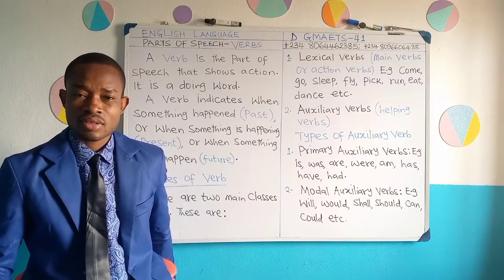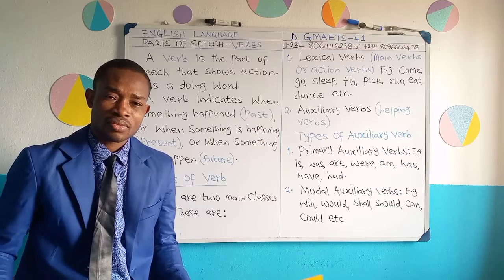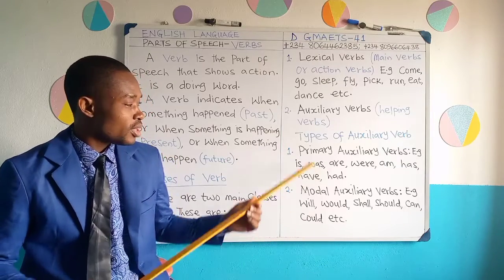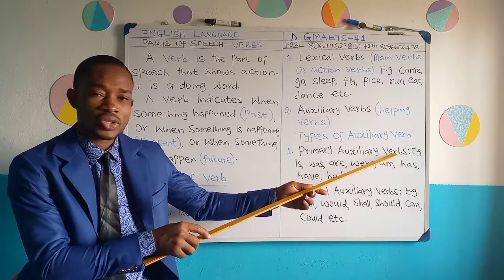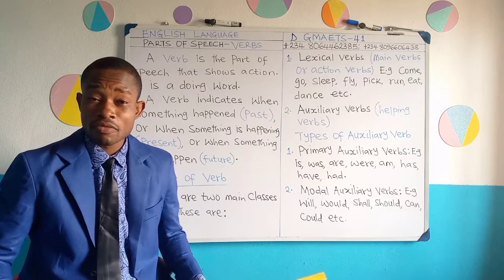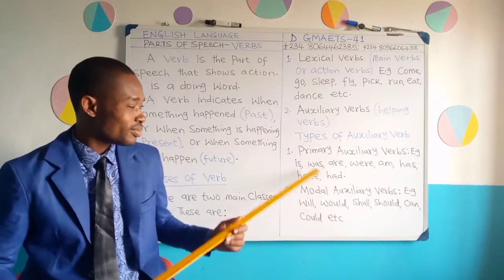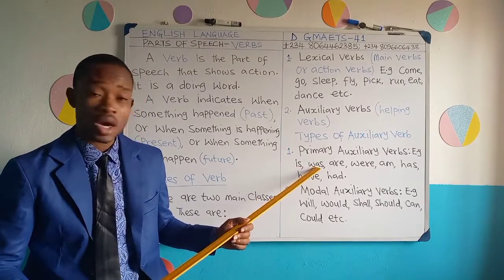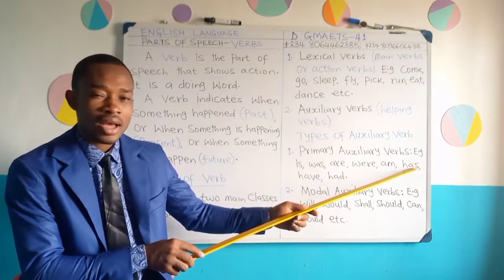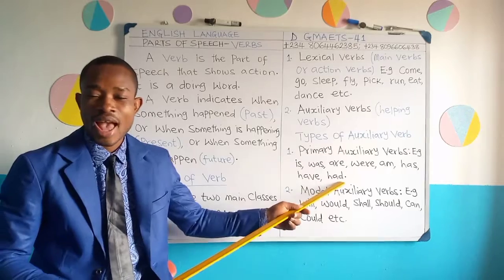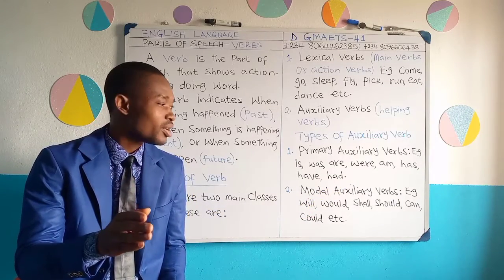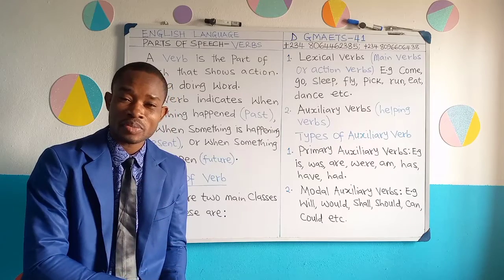The two types of auxiliary verbs are the primary auxiliary verbs. Examples of these verbs are is, was, are, were, am, has, have, had. These are examples of primary auxiliary verbs.